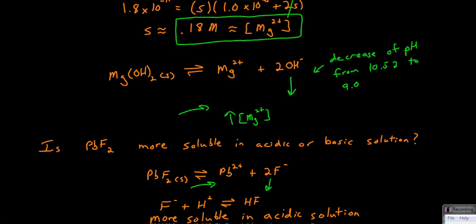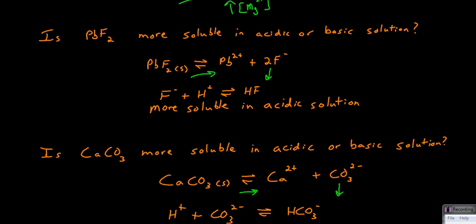In further problems which don't involve much math, we could discuss dissolving a compound, say lead fluoride. Is this more soluble in acidic or basic solution? Lead fluoride dissolves to give lead ion and 2 fluoride ions. Now, are either of these affected by the presence of protons or hydroxides?